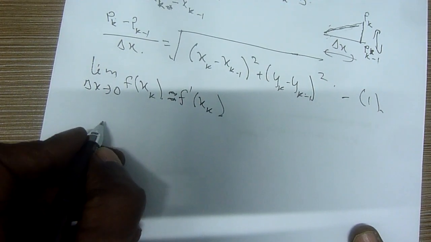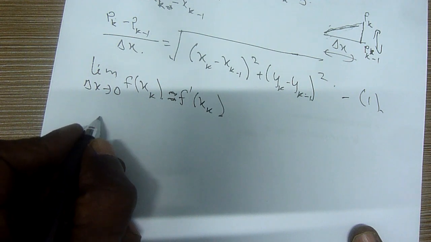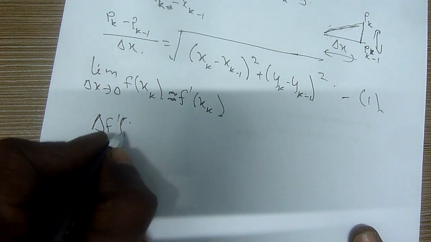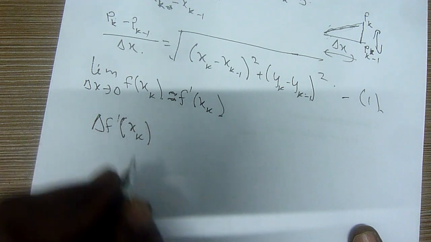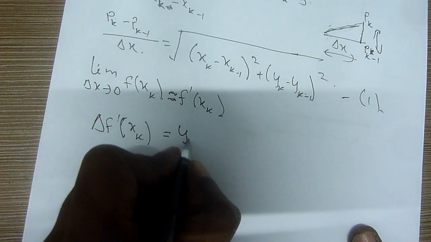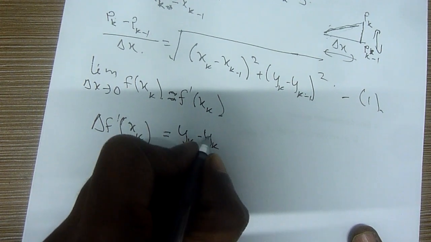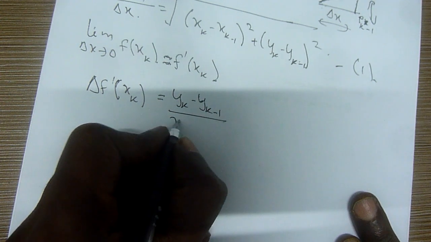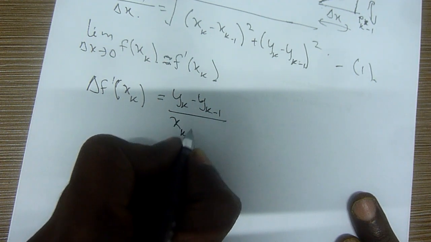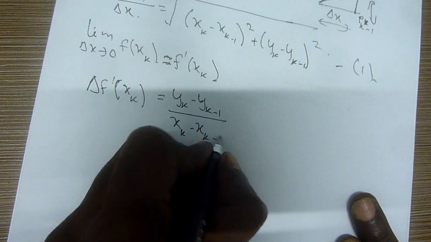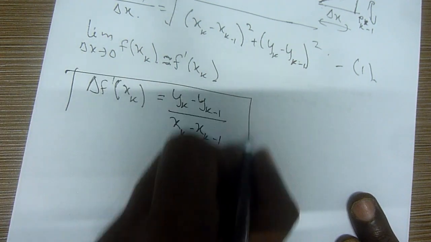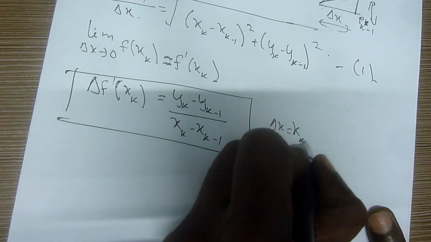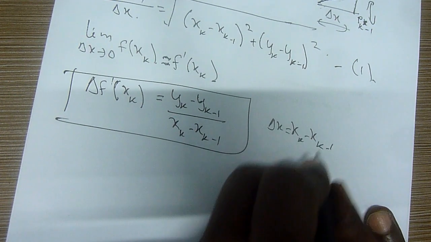In this particular case, we can say the differentiation f prime of this xk is yk minus 1, divided by xk minus 1, whereby this can be defined as xk minus 1, right?